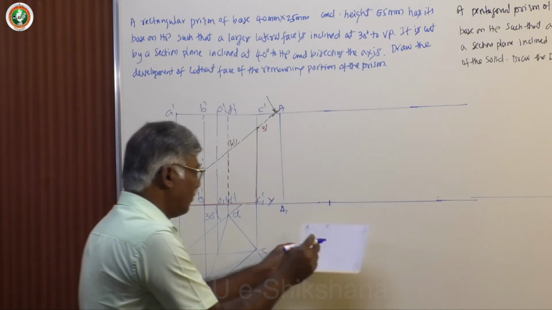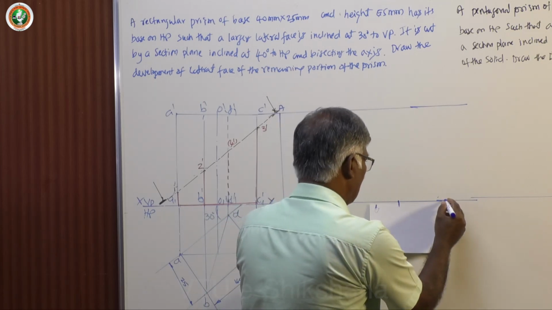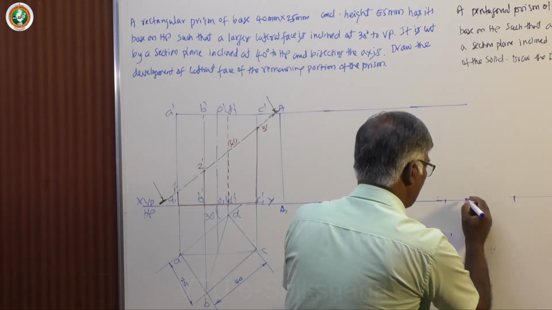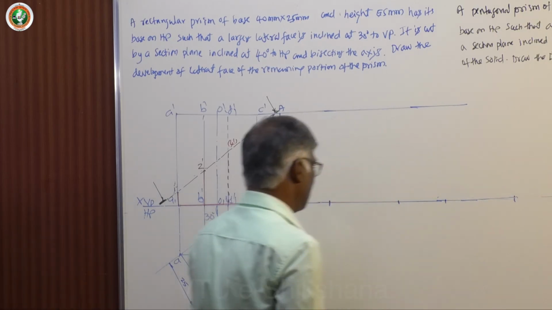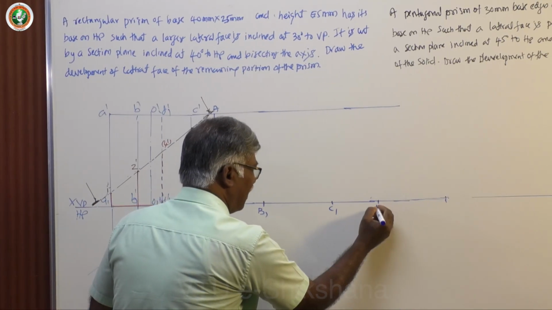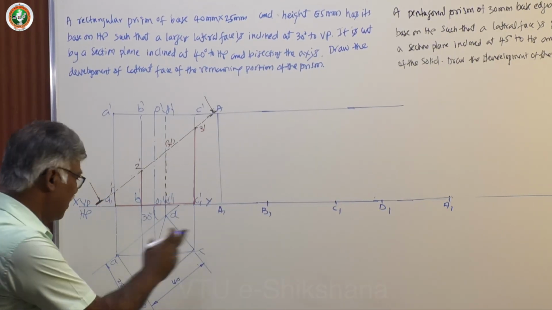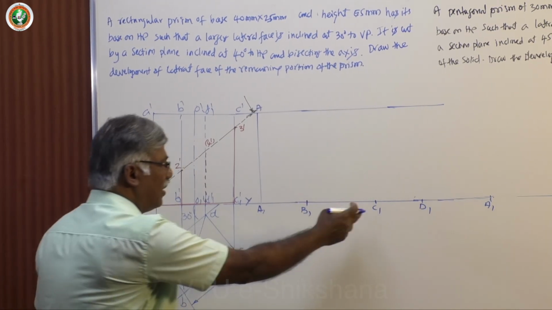B to C is 40. Again, A to B is 25. B to E is 40. Okay, assume that I have extended up to this. Now, carefully mark this B1, this is C1, this is D1, this is again A1. Now, check twice. 25 to start with, A to B is 25, B to C is 40, 25, 40.